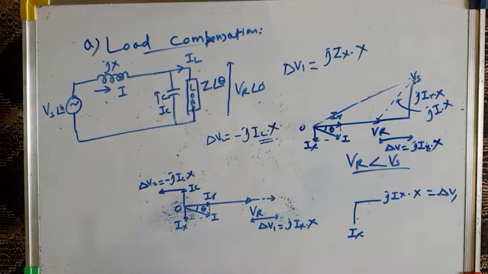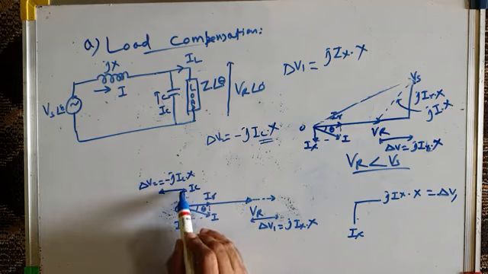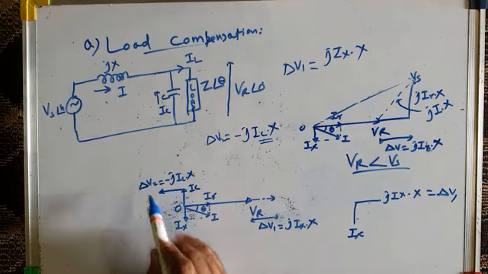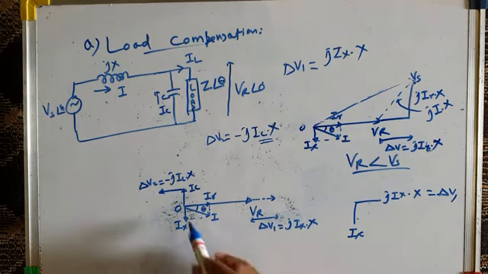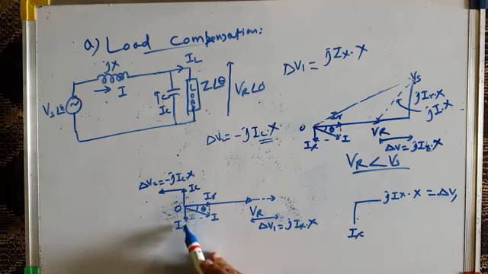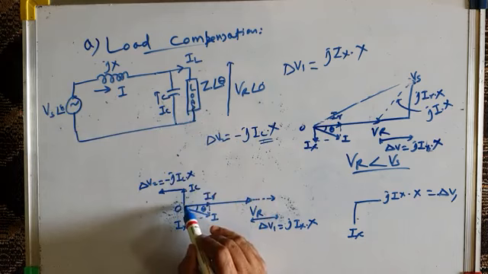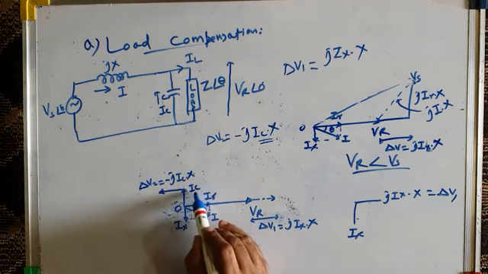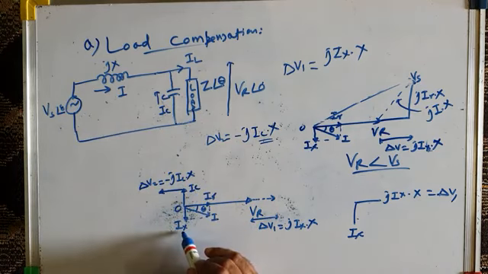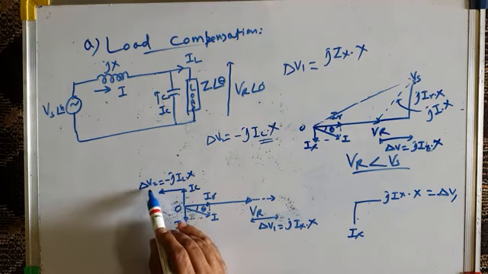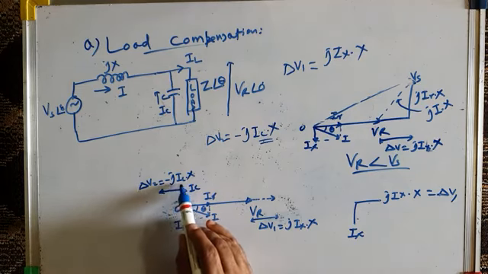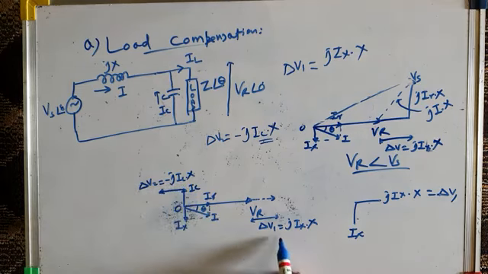Right. Now this delta V2 will be equal and opposite to delta V1, because delta V1 is because of the reactive component of current, and it is equal to jIX into X. When you are compensating the load, the compensator injects a capacitive current IC, which is equal and opposite to IX, and it causes another voltage drop delta V2, which is equal to minus jIC into X, equal and opposite to delta V1.